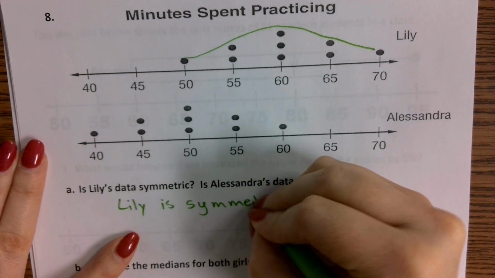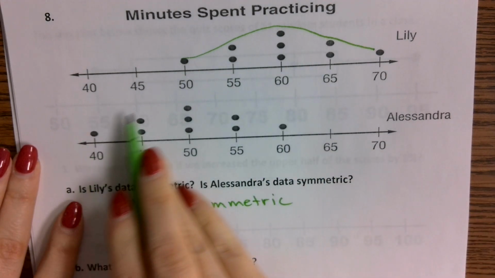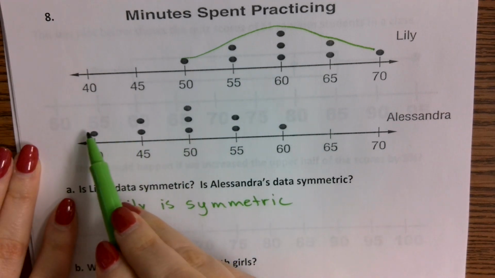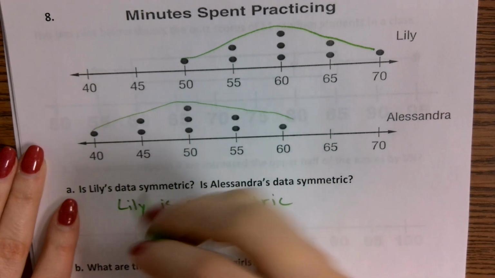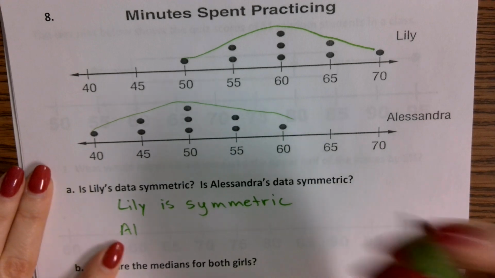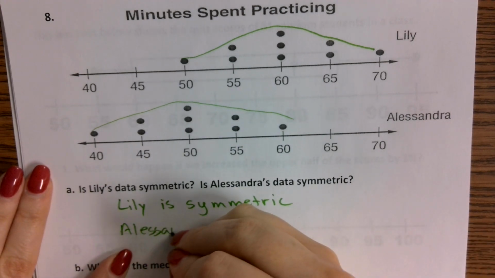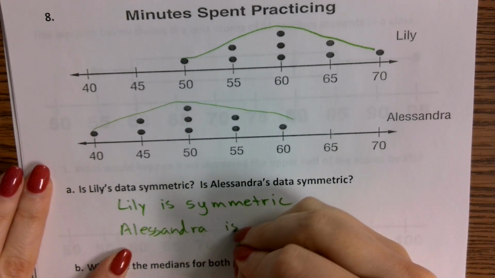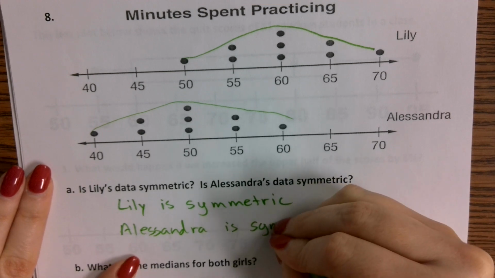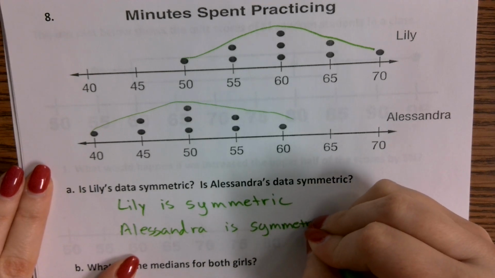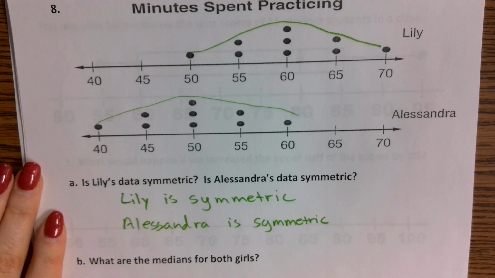We'll just say symmetric. What about Alessandra's? Is Alessandra's symmetrical? Yes, hers is symmetrical as well. So both of them have symmetrical data. So then what does that mean about their means and medians? They're the same. Mean and median are going to be the same.